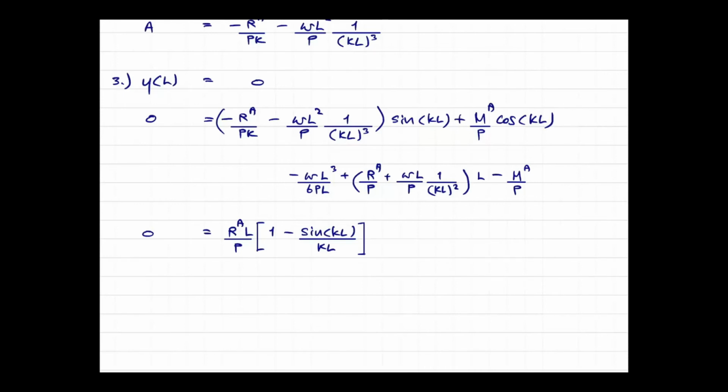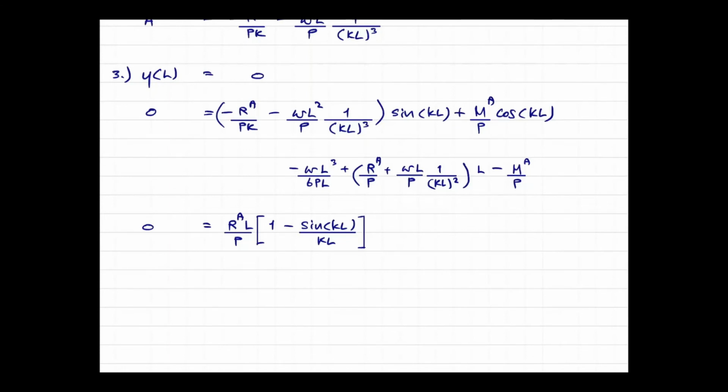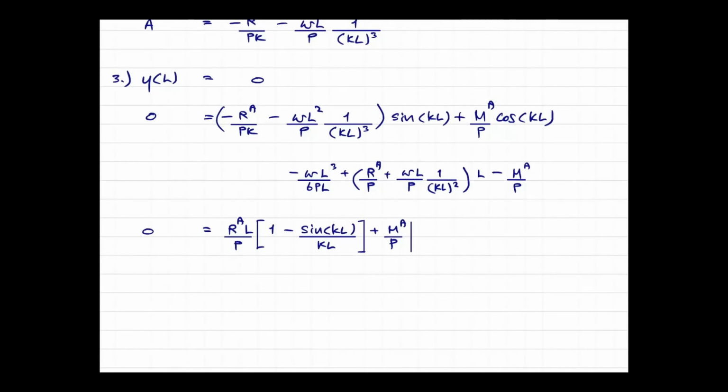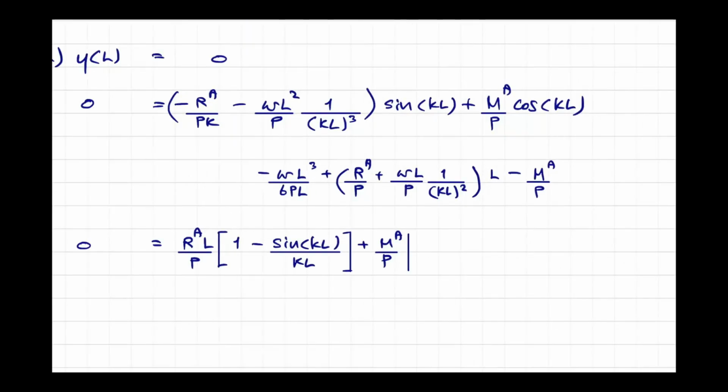And then the next term plus MA over P cosine KL minus 1. That's it? Okay.